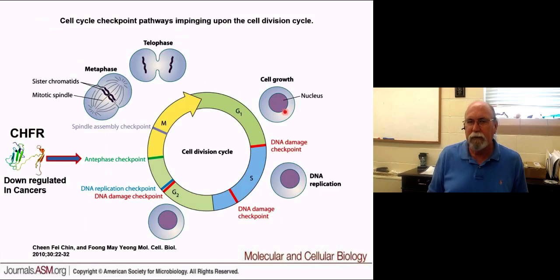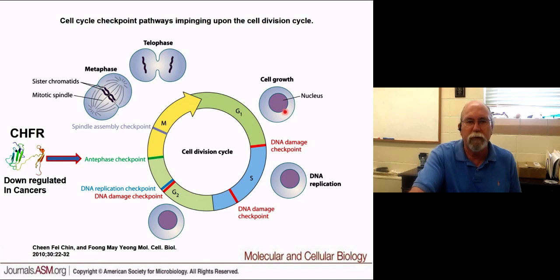Okay? And it occurs, and we're learning more and more about it because when we look at the cell cycle, there are all these checkpoints. There are checkpoints to make sure that the DNA isn't damaged when you go out of G1 into synthesis. There's a checkpoint for all the things that have to go on in replication, to make sure that you've replicated it all correctly. And then in G2, before you can go into meiosis or mitosis, there is what's known as an anaphase checkpoint.